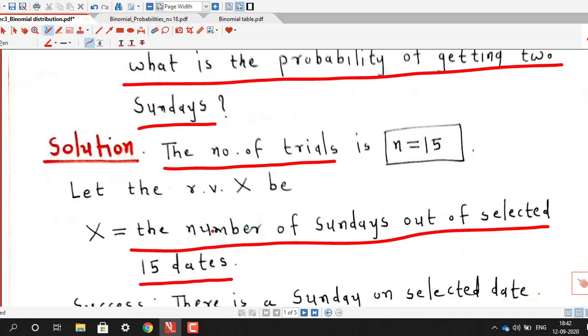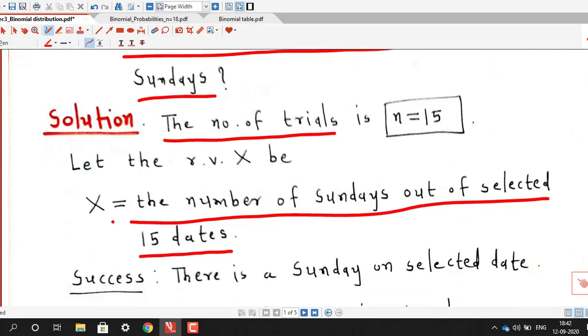There are possibilities that there is no Sunday on any date, so a possible value of X is 0. Similarly, there will be a Sunday on one selected date or two selected dates and so on up to 15 selected dates. So the possible values of the random variable are 0, 1, 2 up to 15.